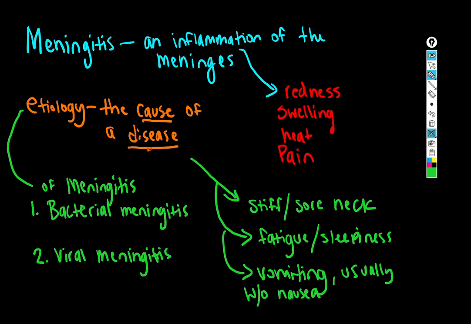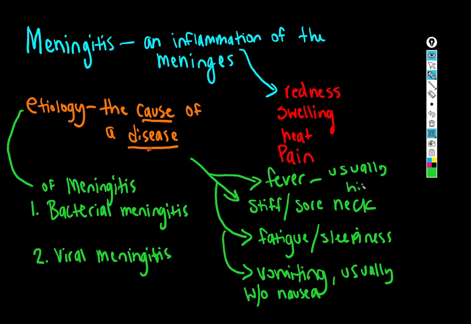But in this case, because the etiology is different from stomach irritation, we're going to end up with projectile vomiting that is not associated with nausea. So just suddenly you're barfing. And then, of course, also a fever. This is usually a high fever, which also endangers the brain.